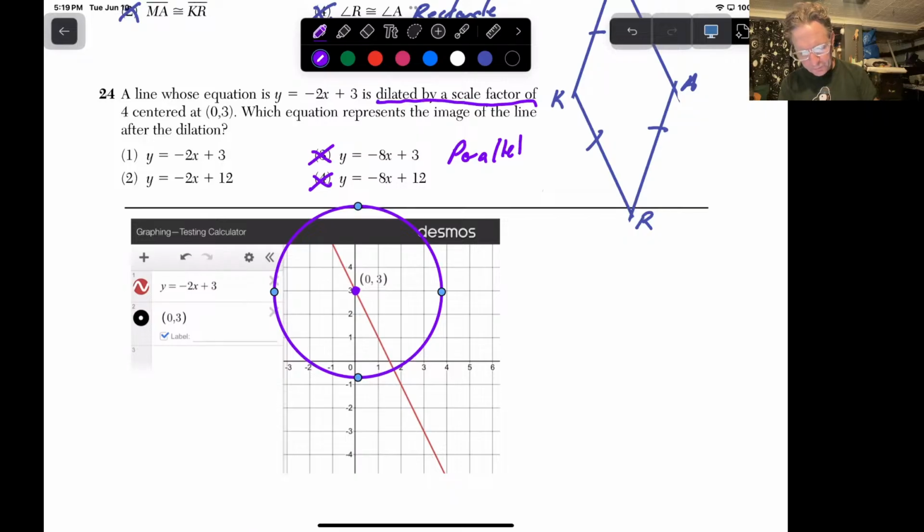So this point here, let's imagine this point on the line.